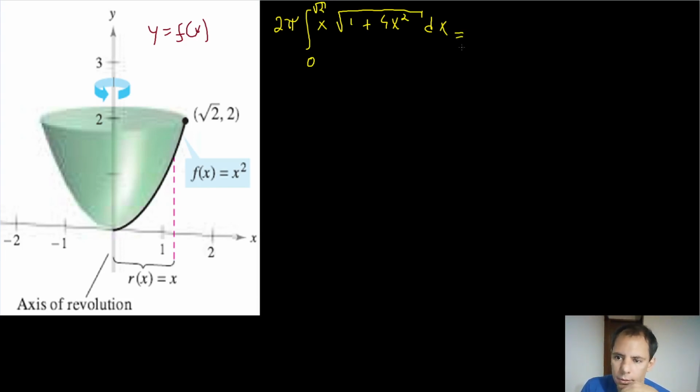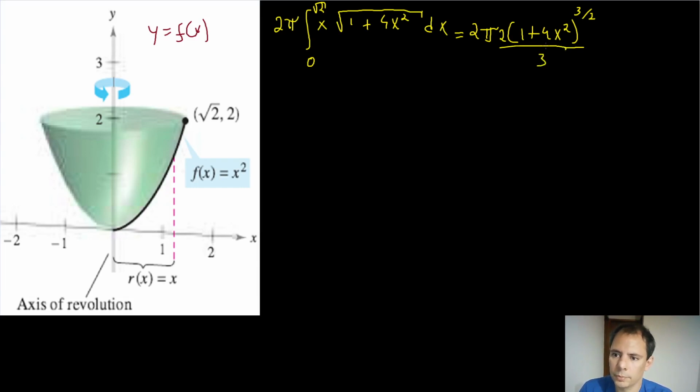So this is going to be equal to 2 pi times, I'm going to integrate this stuff, and I'm not going to have to worry about this x because it'll be simplified. So it'll be 1 plus 4x squared to the half, so we increase by 1 and divide by the new exponent. 1 plus half is 3 over 2, divided by 3 over 2 is multiplied by 2 over 3.